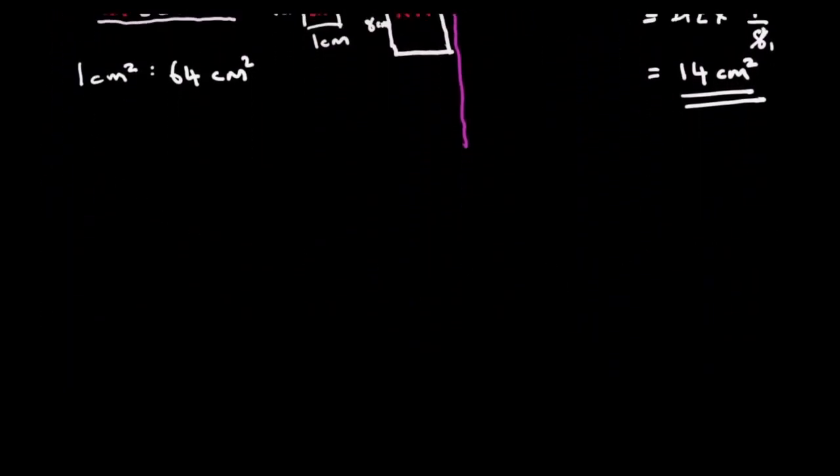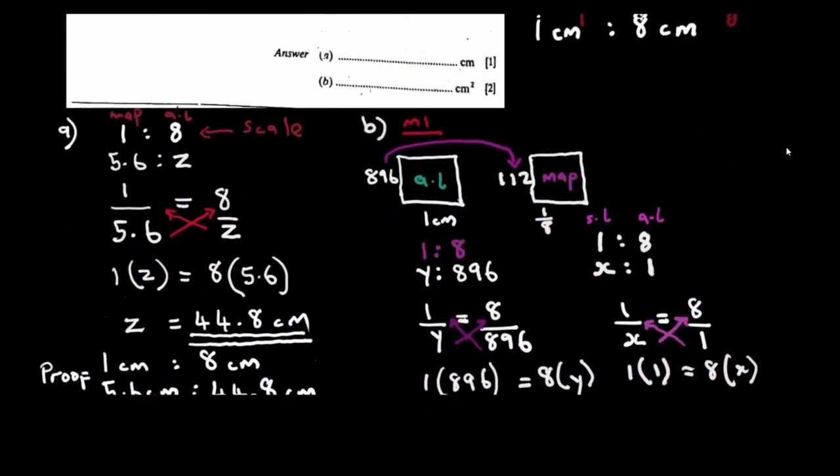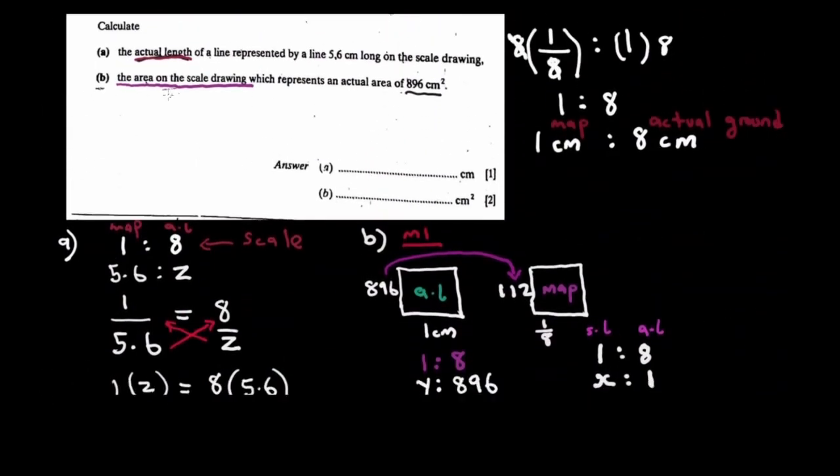So, knowing that 1 centimeter square is our scale area and 64 centimeters square is our actual area, what does the question require? The question requires us to find the area of the scale drawing.